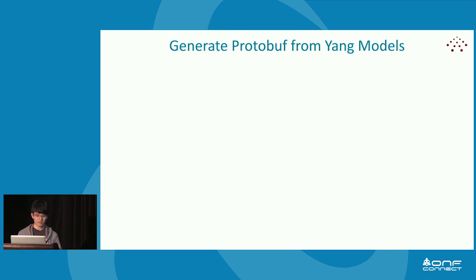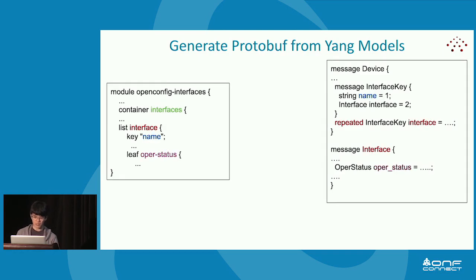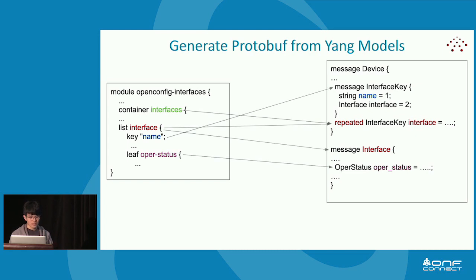So here is what it looks like from YANG model to protobuf. We have a YANG model, like OpenConfig interface, and the OpenConfig proto generator. The proto generator will generate things that look like this. There will be a high-level message called device, which includes all the trees of your models, like the interface.